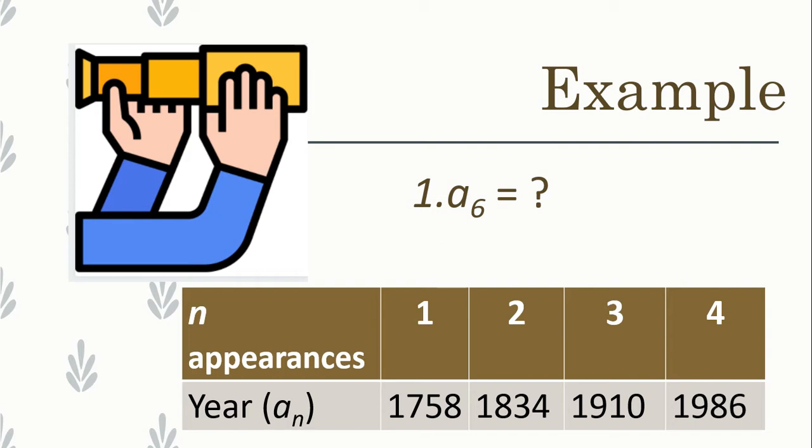We will consider its period to orbit the Sun, and that is 76 years, which we considered as the common difference. To determine the next year of appearances, we will add 76 years after each term, arriving at this table.